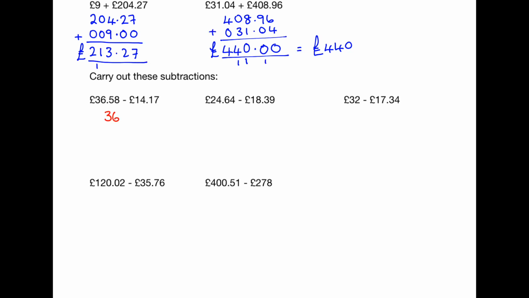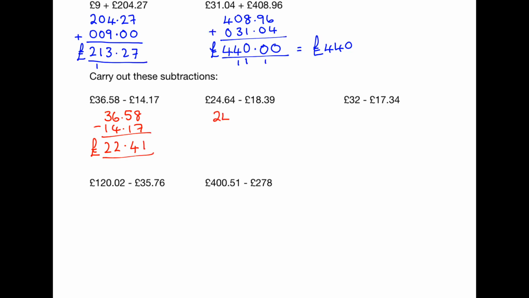So £36.58, take away £14.17, everything in nice neat columns, all the decimal points lined up as well. Okay, so we're subtracting now, make sure you keep that in your head. 8 take away 7 is 1, 5 take away 1 is 4, 6 take away 4 is 2, 3 take away 1, also 2, and we'll put our pound sign in the answer. Okay, so no borrowing or anything there, that one was fine.